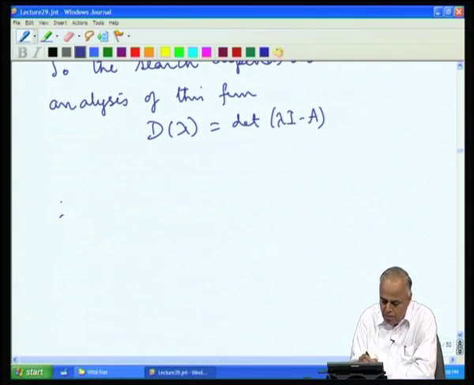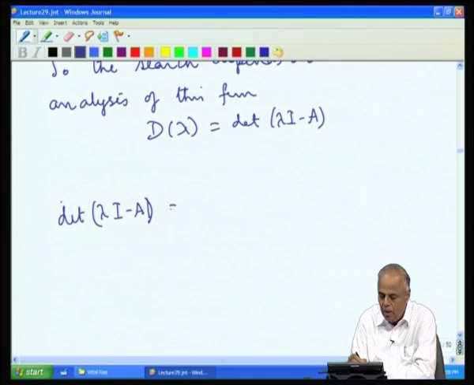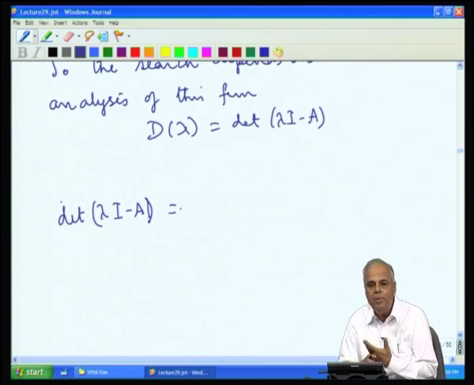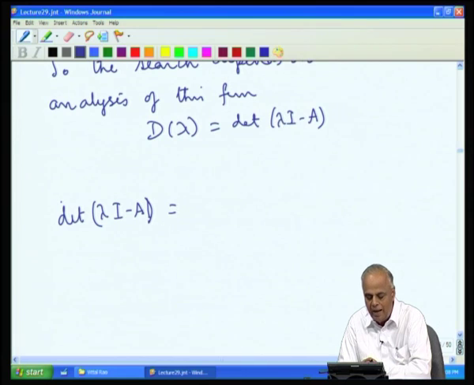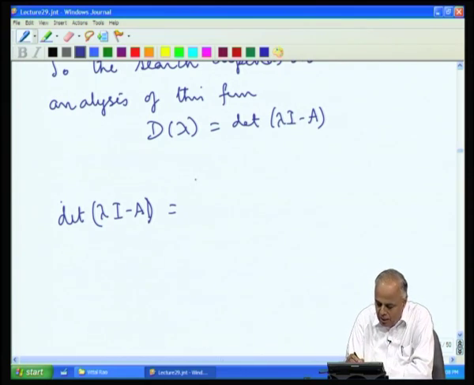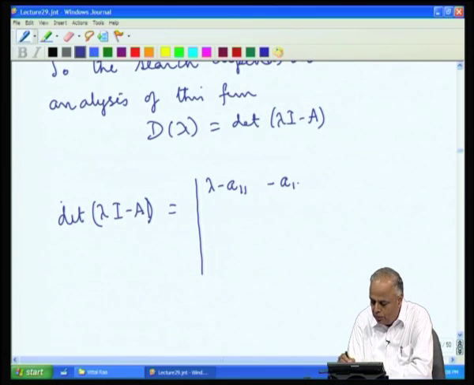So, now determinant of lambda I minus A looks like, see, the lambda I is only the identity matrix with the lambda stuck along the diagonals. So, it is a diagonal matrix with the lambda stuck along the diagonals, and from that we have to subtract the matrix A. So, we get the determinant as lambda minus a11, minus a12, up to minus a1n.